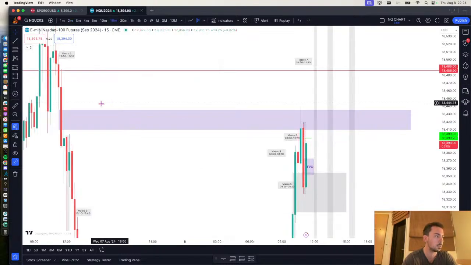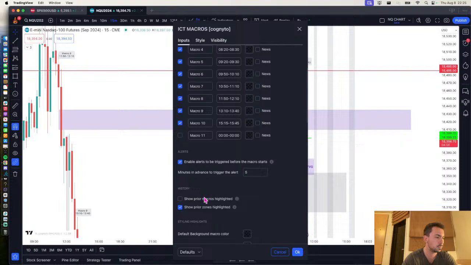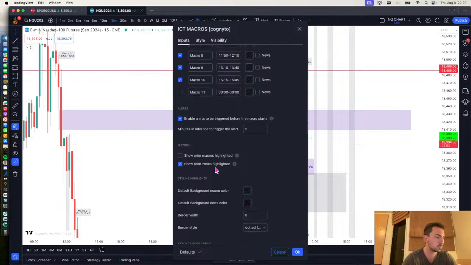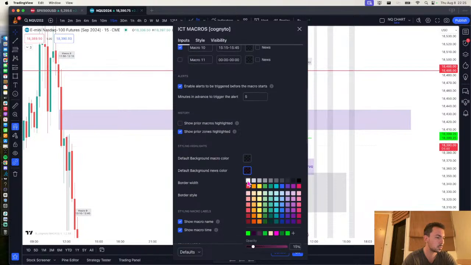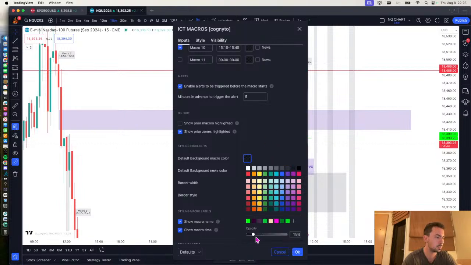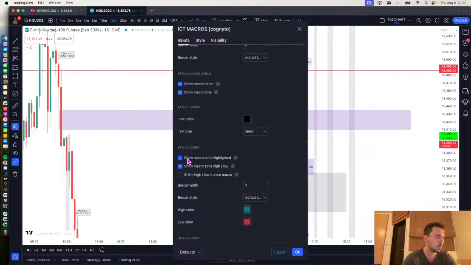Now, I told you guys this already, but we have this 15-minute FVG here. That is what is causing... What is this? Why is it... Can we not have that on our chart? What are these macro zones?